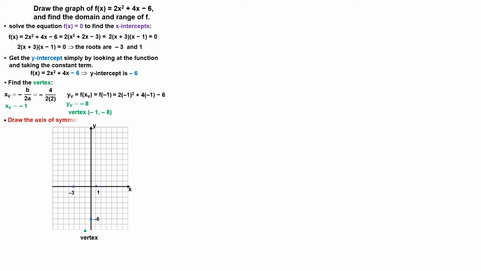Draw the axis of symmetry and draw the graph. The domain is all real numbers. Since the graph opens upwards, the y-coordinate of the vertex is the minimum. In other words, the y-coordinate of the vertex is the lowest y value for the function.